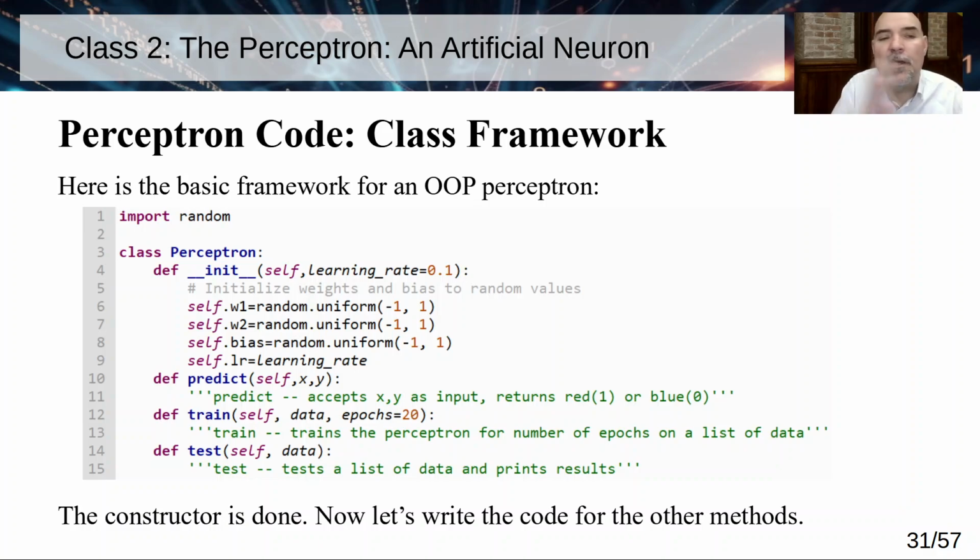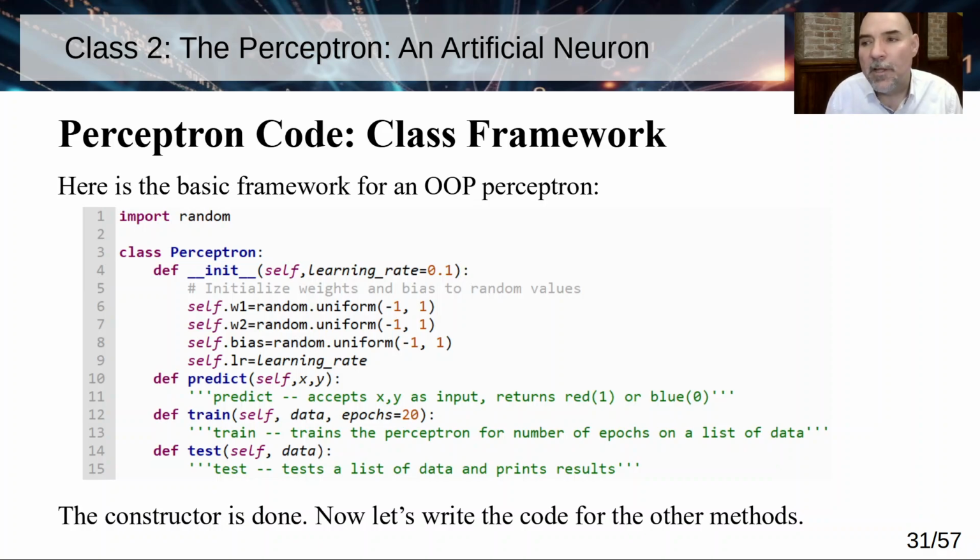Random.uniform gives us a uniform distribution, just a randomly chosen number anywhere between -1 and 1. And I do that for both weights and the bias. I didn't intelligently pick any of that. I just randomly pick some values to start out our neuron weights.